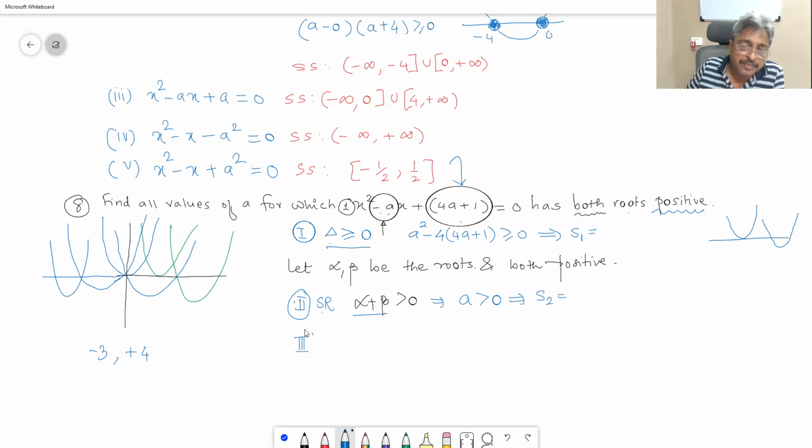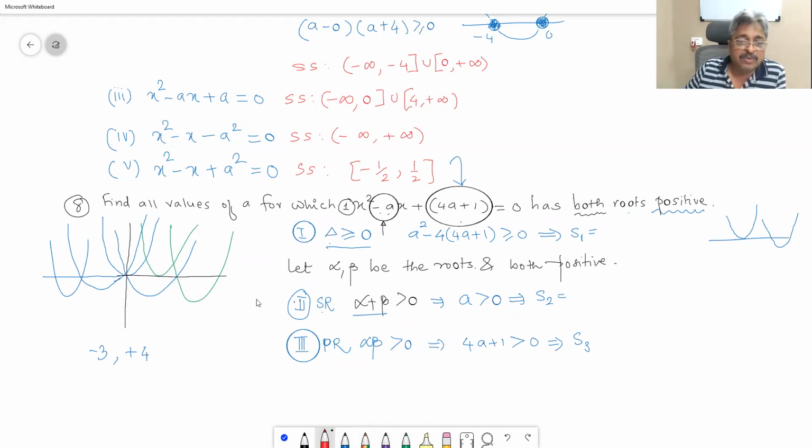If both the roots are positive, then the product of the roots, alpha beta, is also going to be positive. This implies, what is alpha beta? 4a plus 1, is that right? This gives us solution set number 3. This should be satisfied, and this should be satisfied, and this should be satisfied.